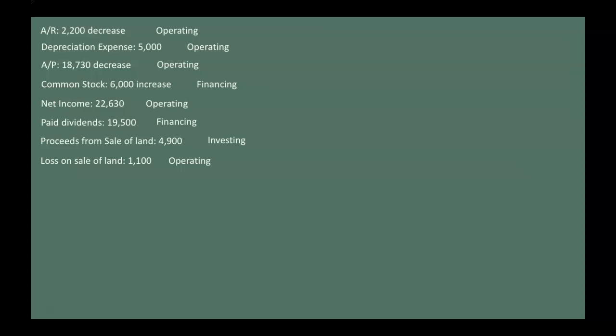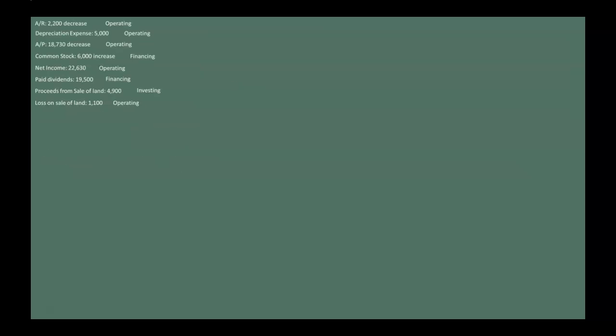Now that we have all of this, we can create our statement of cash flows. So we start off with our cash flows from operating activities. And our first piece is going to be this net income. So our net income is $22,630. Now that's our accrual basis net income.